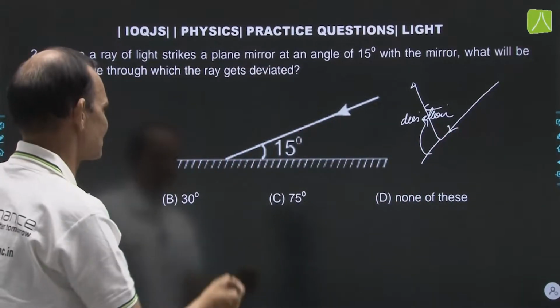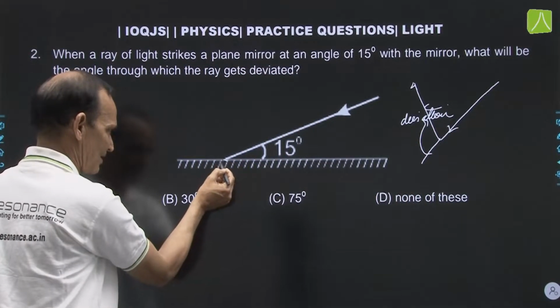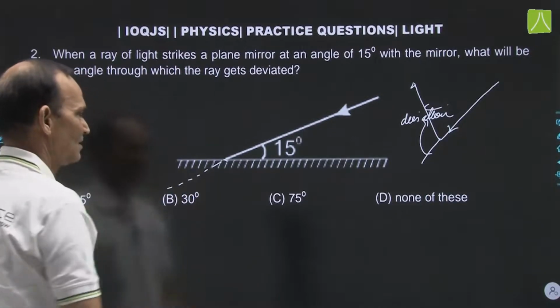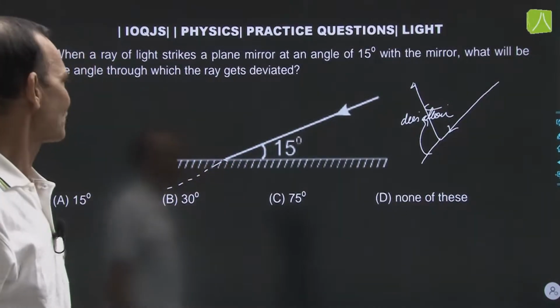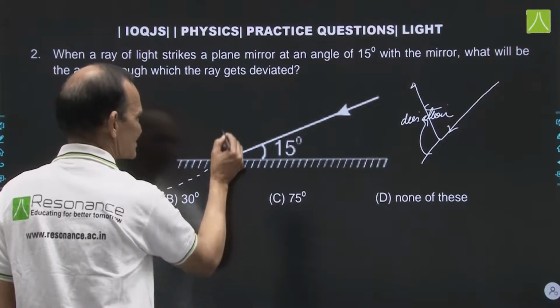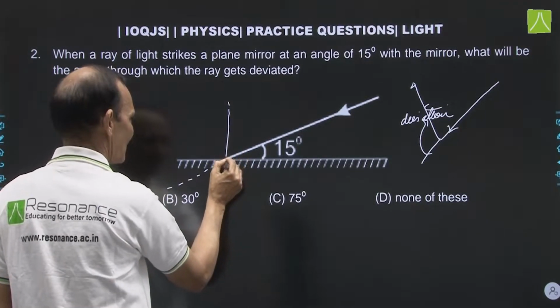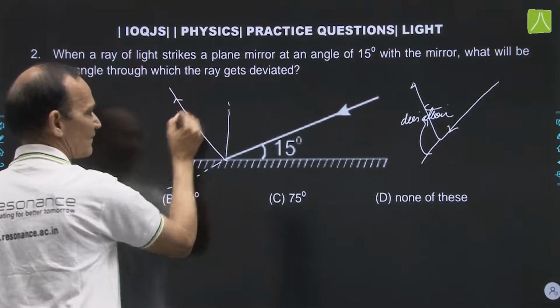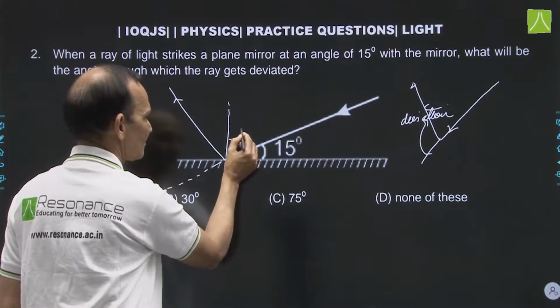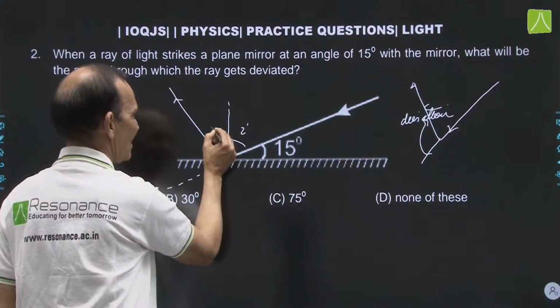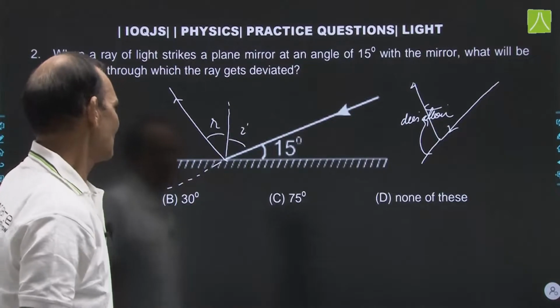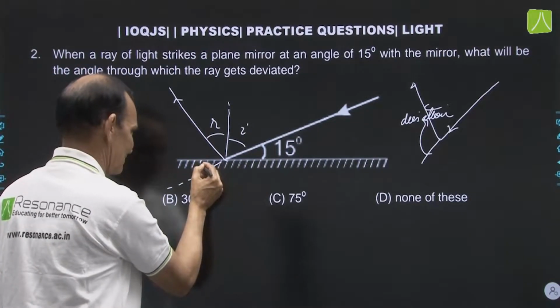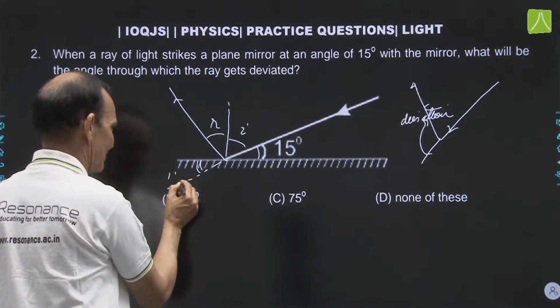So think about this incident ray. If the mirror is absent, then this ray will move in this direction. Due to the mirror, at the point of incidence, it is normal. Here it will reflect. This is the angle i. It is angle r. They will be equal. If we think about this angle, then this will also be equal, that is 15 degree.